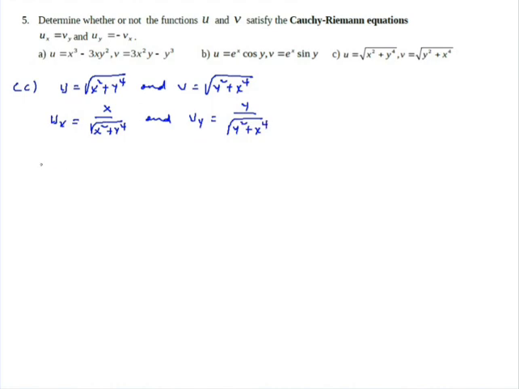Okay, so from this we can see that ux and vy are different. They do not satisfy the first condition. Therefore u and v do not satisfy the Cauchy-Riemann equation.